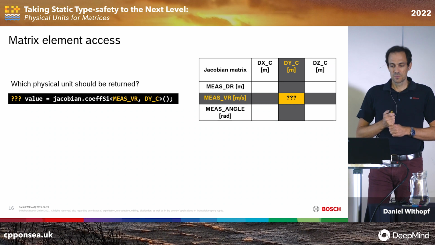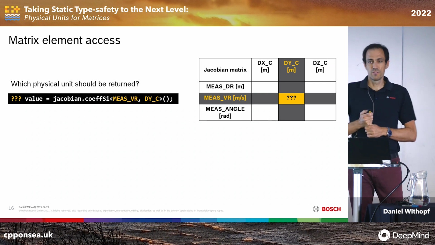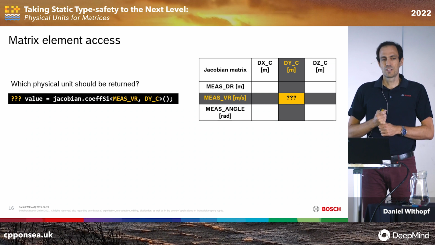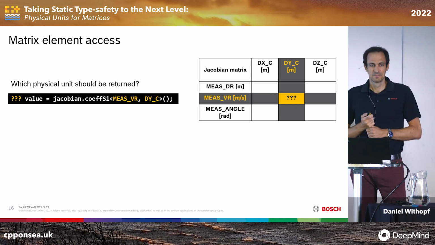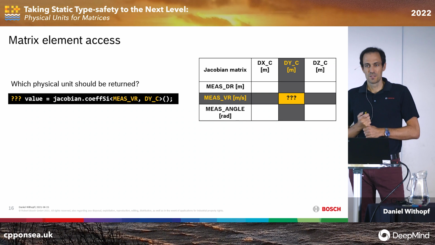In this case, the Jacobian row is meters per second and the column unit is meter. I can also give a small hint. Jacobians are usually derivatives, and derivatives can be approximated by a finite difference quotient. So you're dividing things. Does anybody have an idea now? If not, just guess.